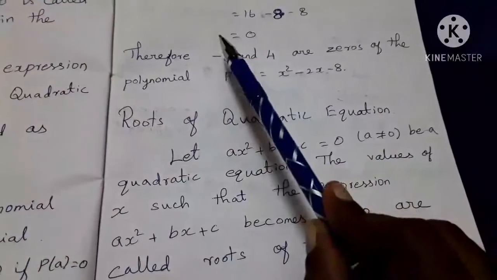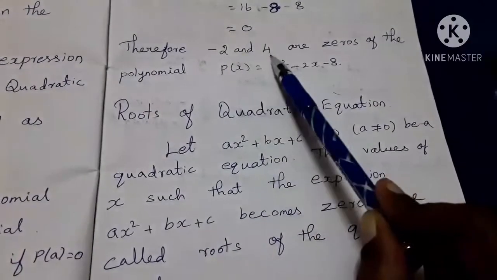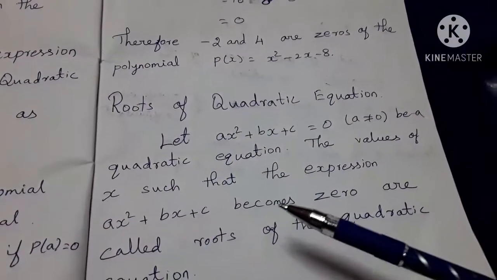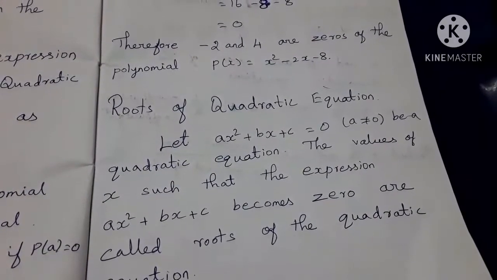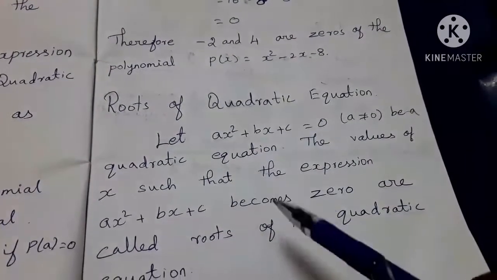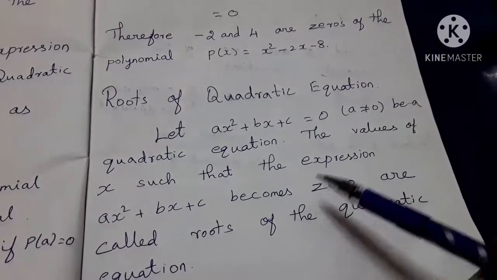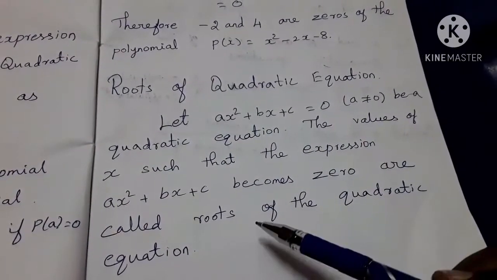Here minus 2 and 4 are zeros, and they are the roots of the equation, because when we put them in, it becomes 0.